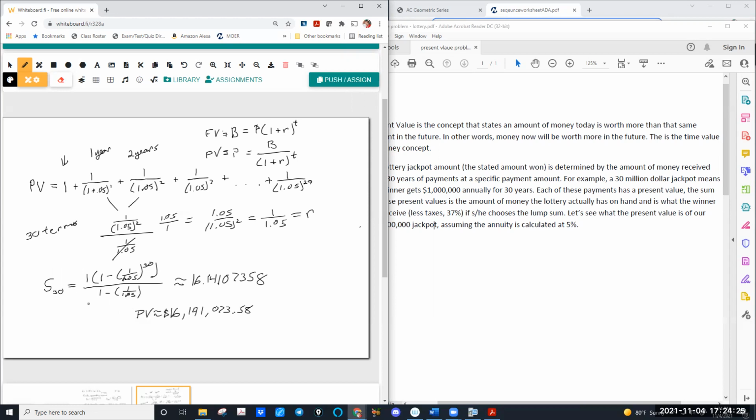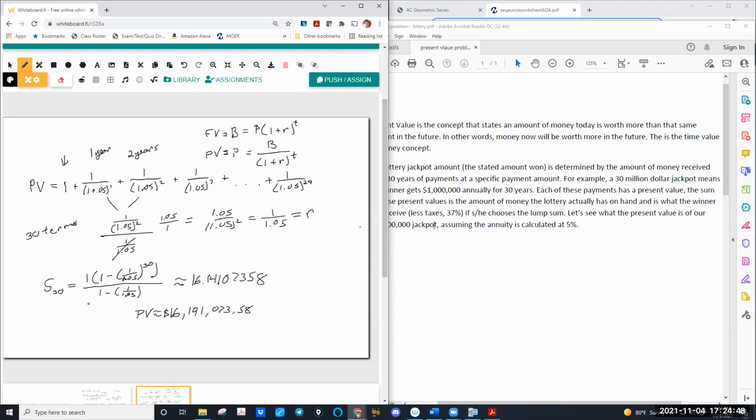So a lot of the financial formulas, we're going to look at another one here in a couple minutes, are usually already in the solved form. The reason I'm going through that part is I want you to see where the geometric series is within these formulas that get used all the time in financial mathematics.